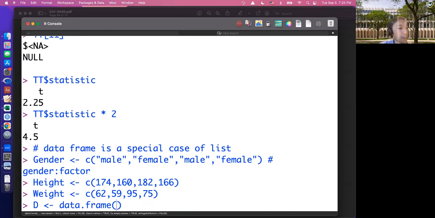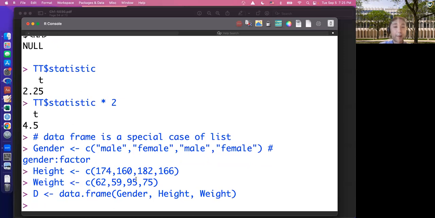A data frame is a special case of list, but it should have vectors of the same length. These three vectors all have 4 elements. If we put them in a spreadsheet, it's a kind of matrix-shaped object. In such a case, we can declare a data frame.